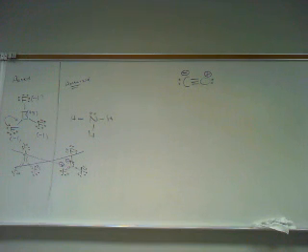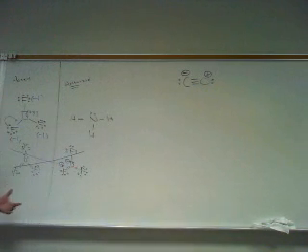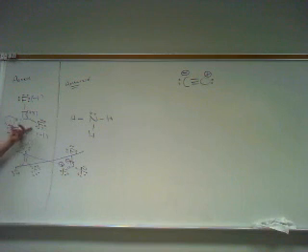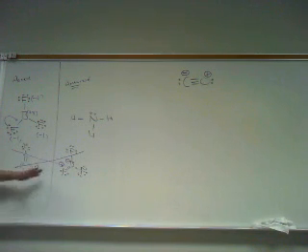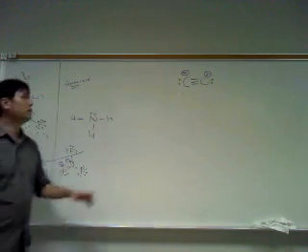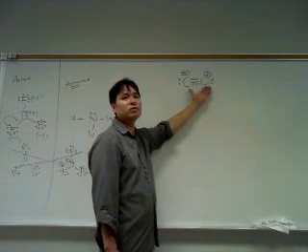And so in this case, we had a conflict. Over here we had a conflict. Is it better to have the octet, or is it better to have the formal charge stabilized? Over here it was better to have the formal charge stabilized because this formal charge arrangement was too unstable. And then we go over here. Is it better to have the octet, or is it better to have the formal charge stabilized?